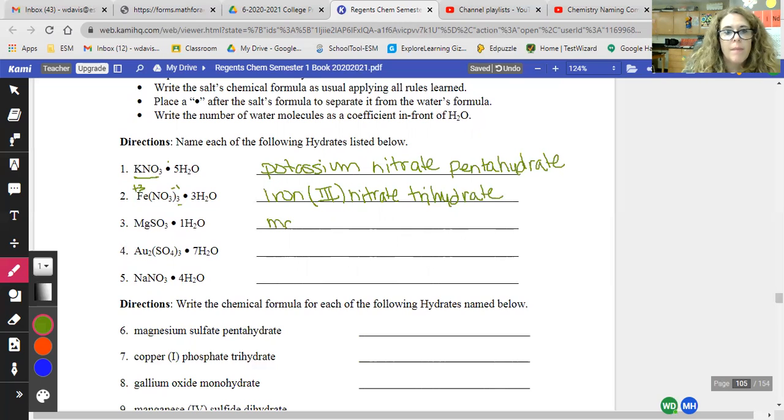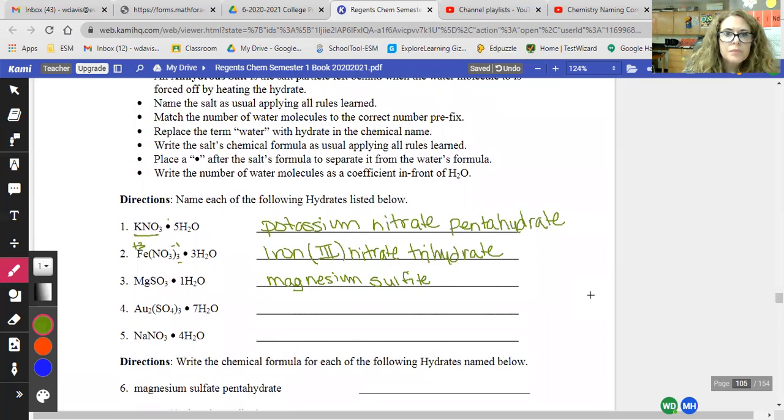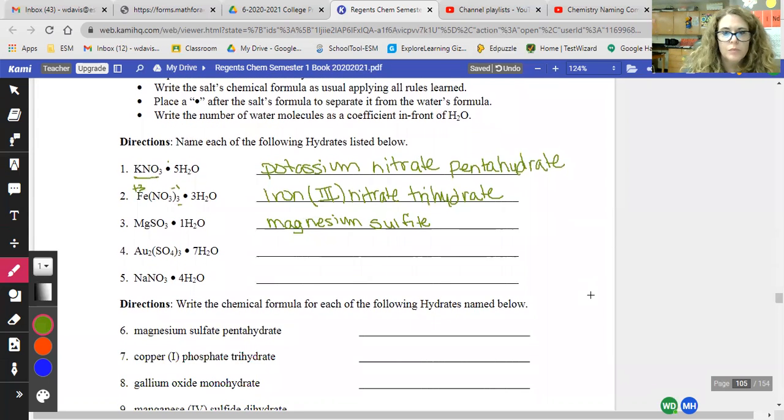And now I have magnesium, and SO3 is sulfite, so magnesium sulfite. And then hydrate, monohydrate, sorry, because the prefix mono means 1.